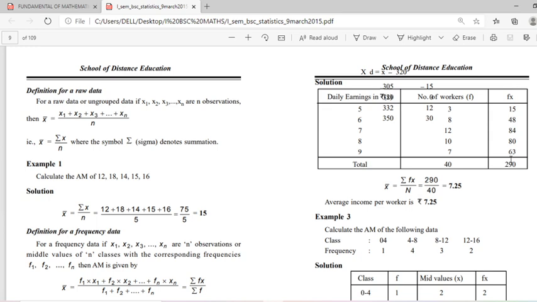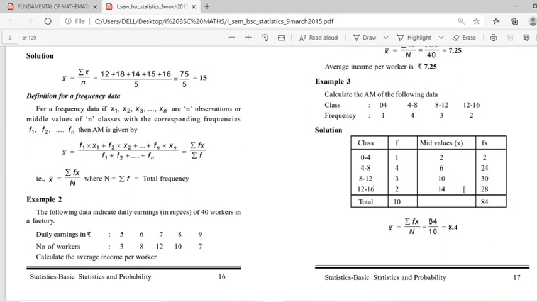The total frequency is 40. There is some error in this table. Leave this part, just use only this part. It's 15, 48, 84, 80, 60. Total is 290. So 290 by 40, that is 7.25.